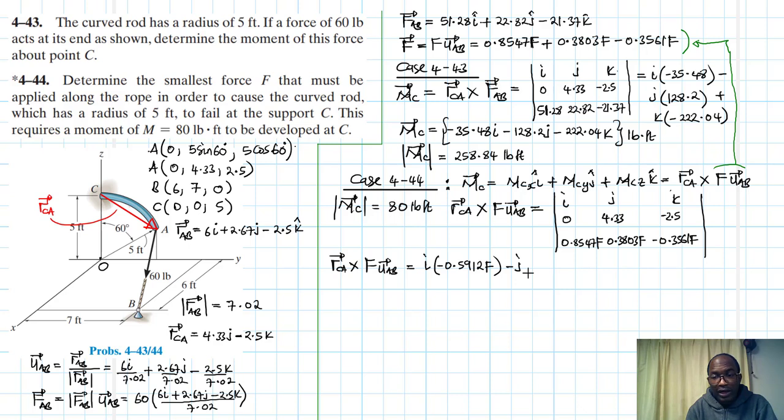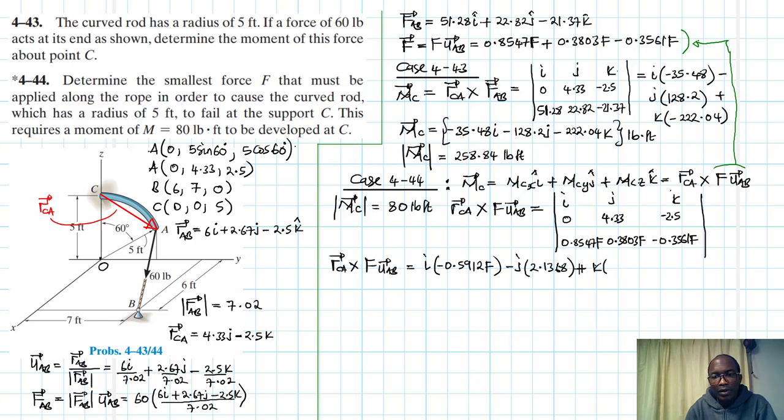Then minus J, just minus 2.5 times 0.8547, right? So this becomes a plus, which is 2.1368. Then plus K. Okay, so 2.5, this is minus plus by 0.8547, 2.1368.